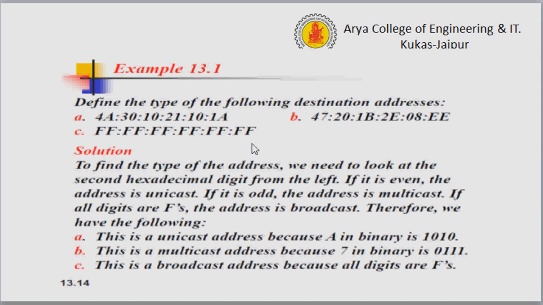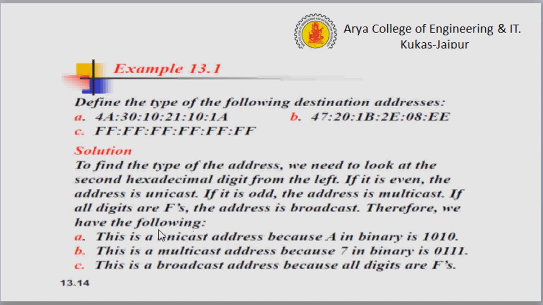Now the solution. To find the type of the address, we need to look at the second hexadecimal digit from the left. If it is even, the address is unicast. If it is odd, the address is multicast. If all digits are F's, the address is broadcast.